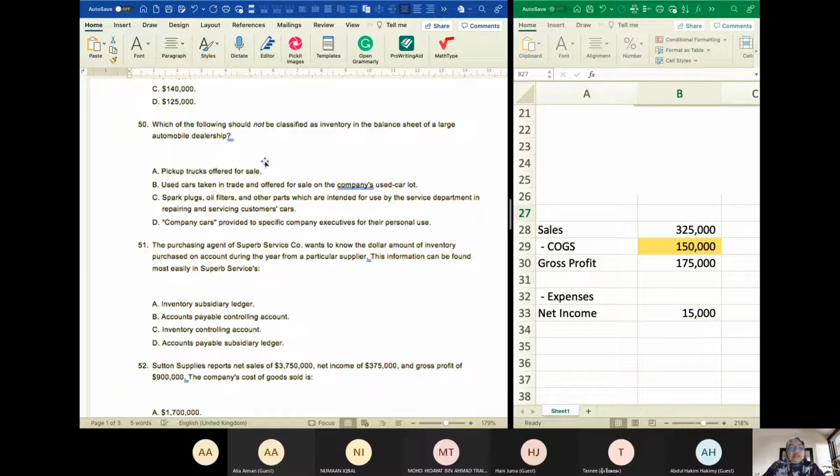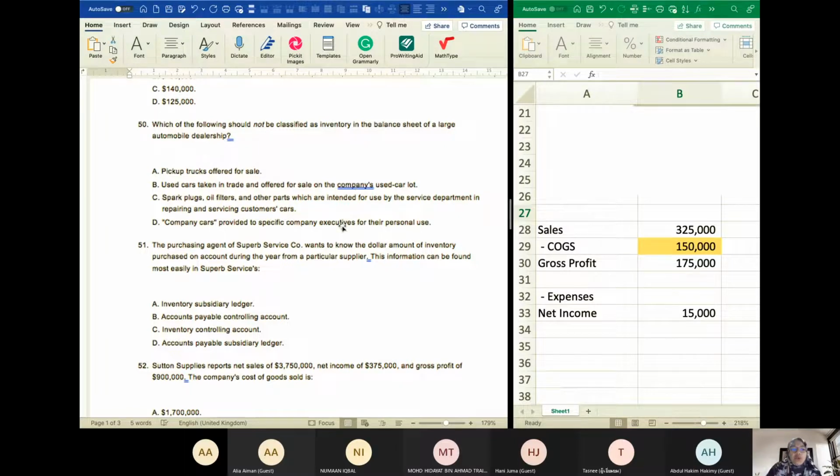You can cancel that out. B is used cars taken in trade and offered for sale on the company's used car lot. That is also inventory, because the company is an automobile dealer. They buy used cars and then they sell.